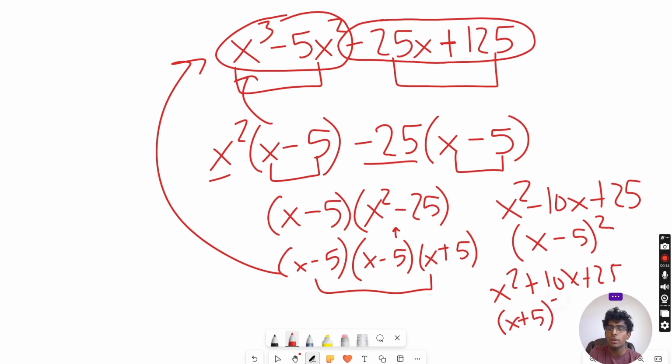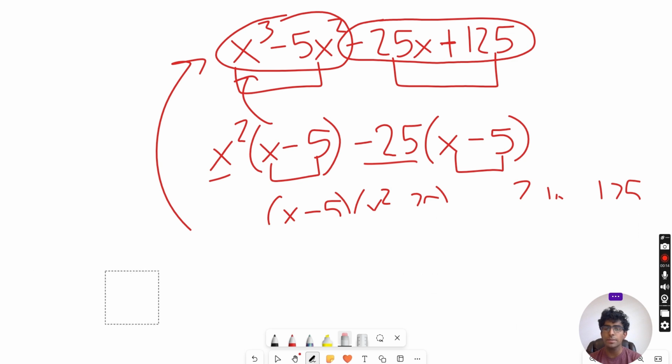So basically, if you see that the b term is double the factor and the c term is the square of it, then it's going to be that factor squared, your perfect square trinomials. This would work. All right, so that's basically for quadratics and polynomial factoring.